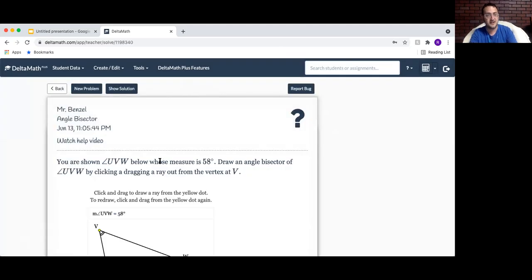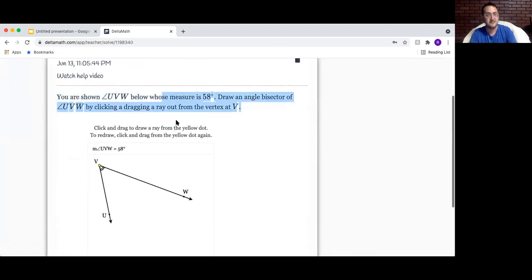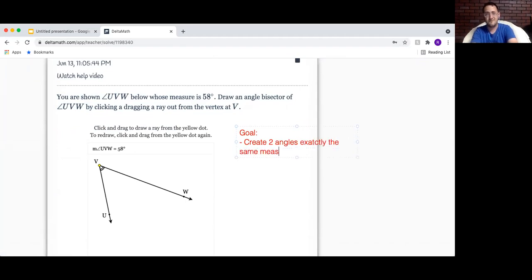Another type of exercise that you're going to get here is estimating the exact bisector. The goal in this is to create two angles that are exactly the same measure. And to get that, you just divide the angle measure by 2.